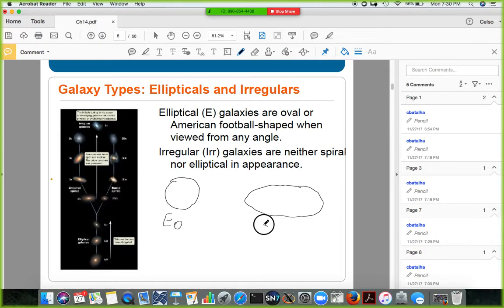And those that are severely flattened, we call them E7. Then we have numbers between 1 and 7 that give the different categories in which these galaxies are stretched. Now, it doesn't mean that galaxies are all that way.